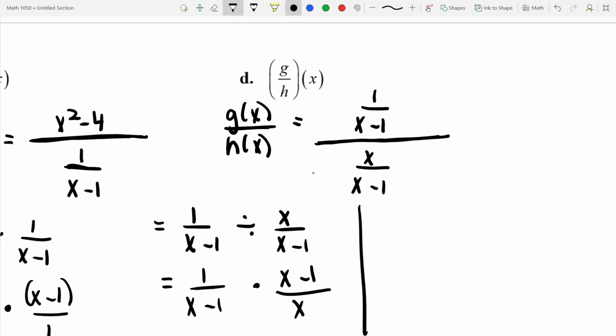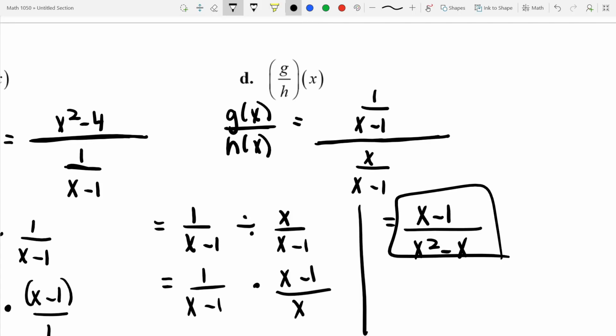On the top, 1 times x minus 1 is x minus 1. On the bottom, distribute the x, and you get x squared minus x. That's wrong. Can anybody tell me why that's wrong? You can cancel the x minus 1s. Yeah, that's not an x, it's an x minus 1, but I have exactly an x minus 1 on the bottom. So as long as you have one on top and one on bottom, those can go away.